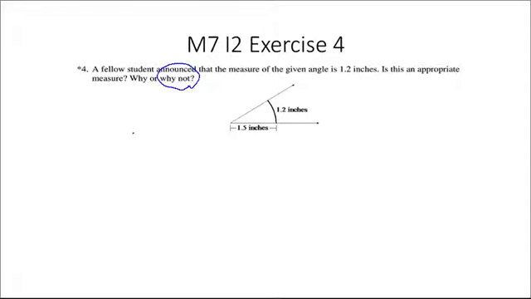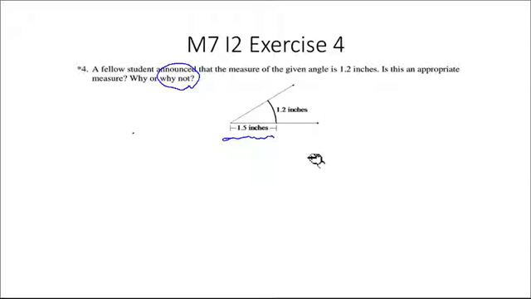A better way to think about this is knowing that our radius length is 1.5 inches, and correspondingly an angle measure of 1 radian will subtend an arc of 1.5 inches.